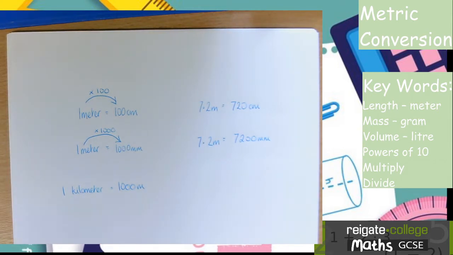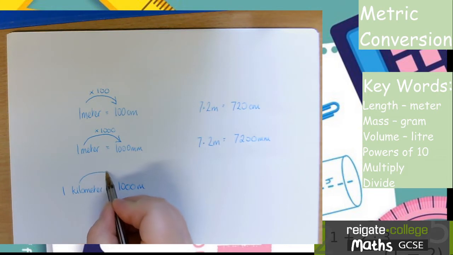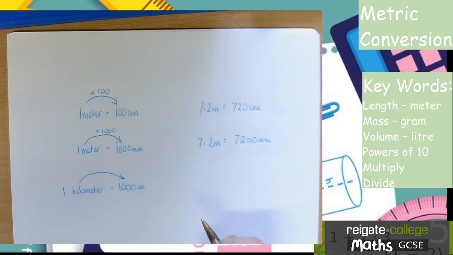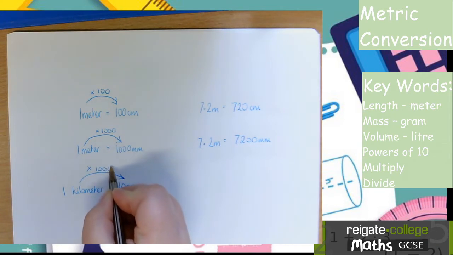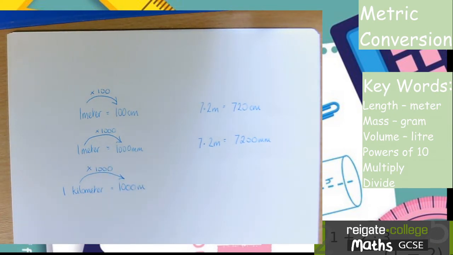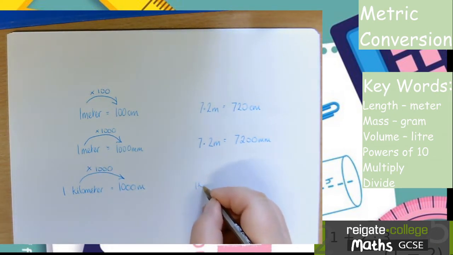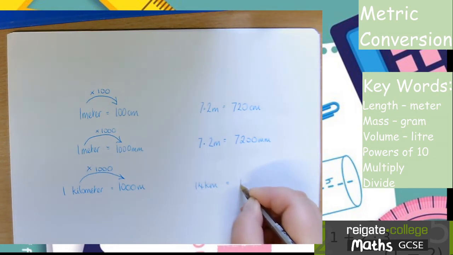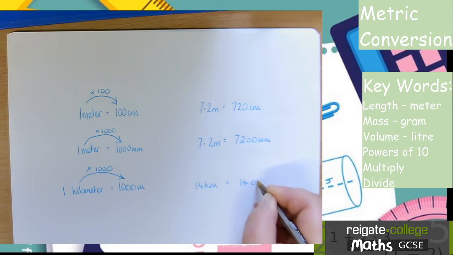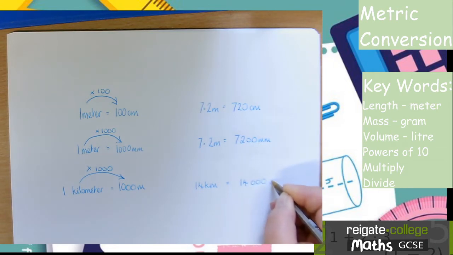If my distance were measured in kilometres and I wanted to convert that measure to metres, I would multiply my number by 1,000. 14 kilometres is equal to 14,000 metres.